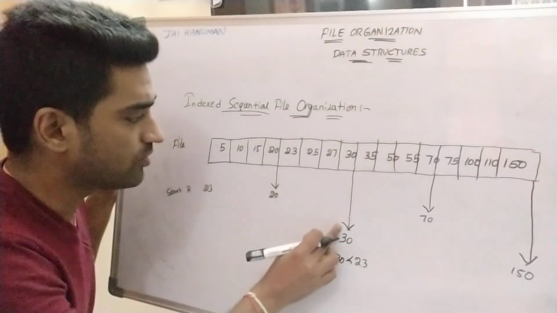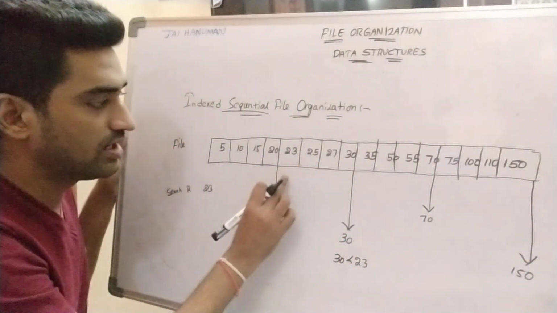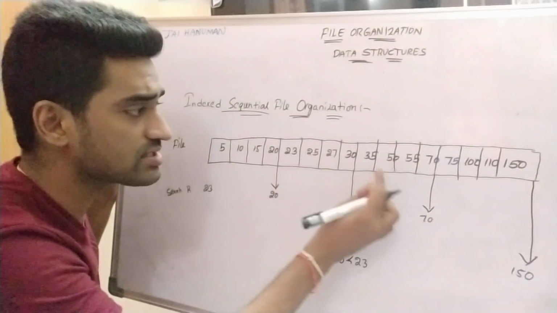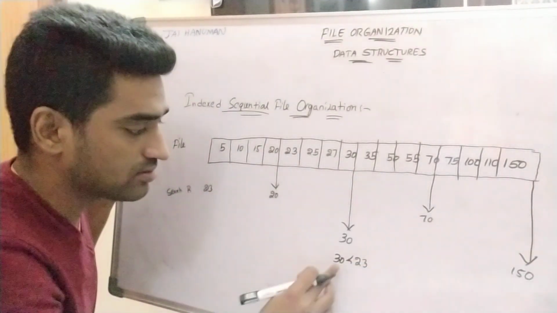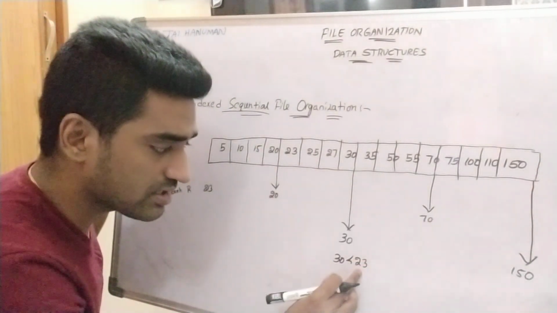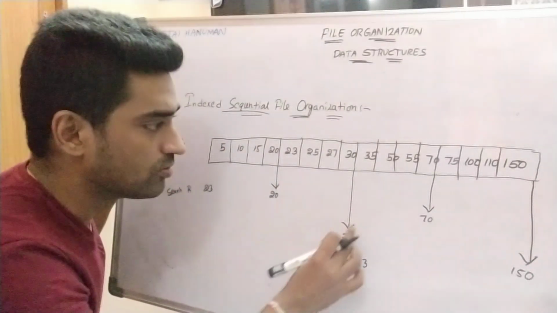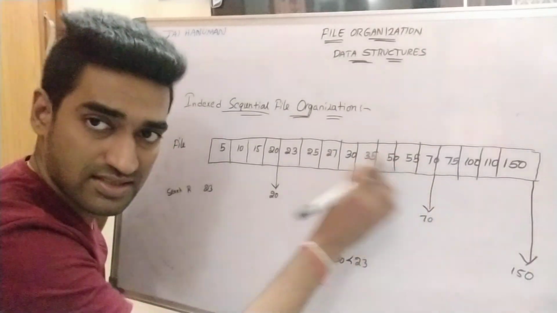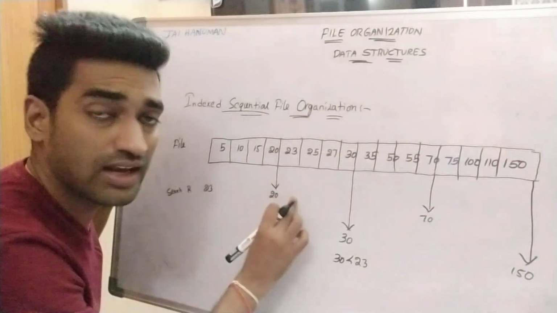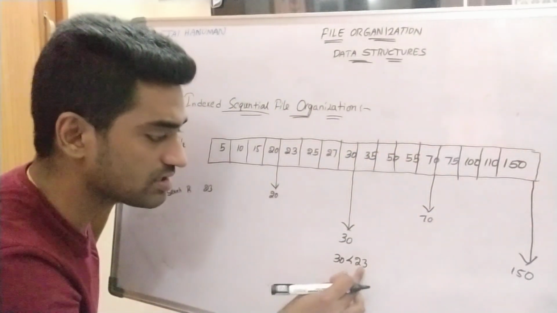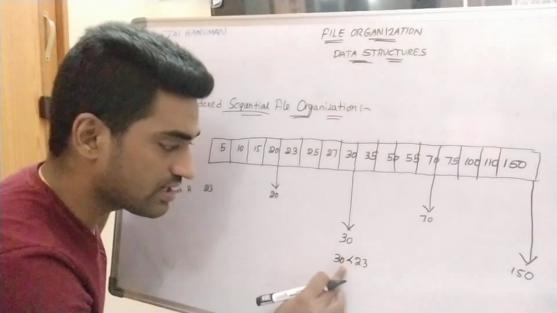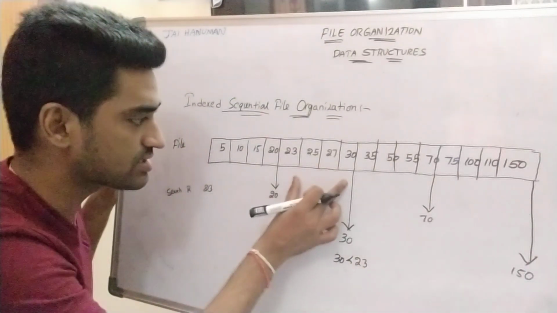So if the searching record is greater than the higher index value, we search the right sublist, otherwise we search the left sublist. Here the 23 value is less than 30, so we search the left sublist.